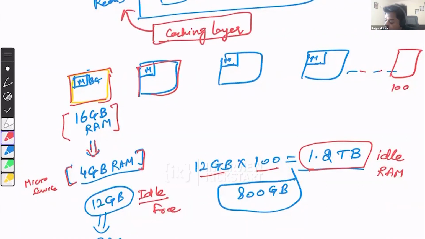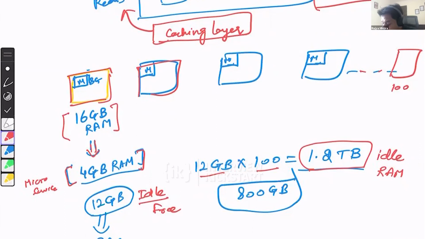Right? So that means you add extra cost here. And these Redis servers are quite expensive because they are optimized for RAM and they need to have a huge chunk of RAM. So this is extra cost and expensive.